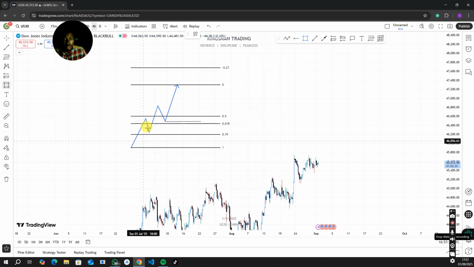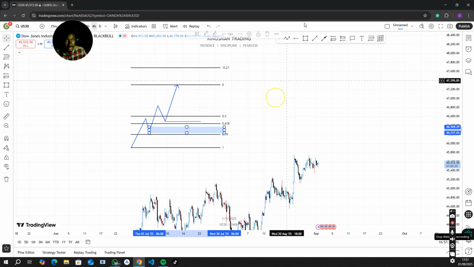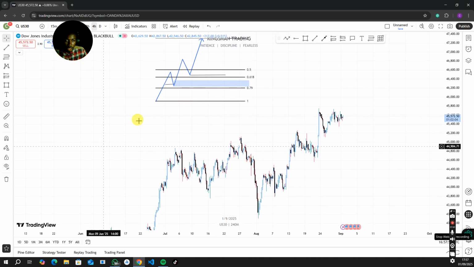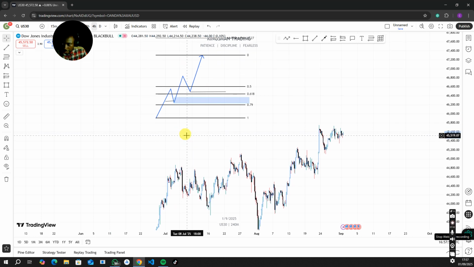So once you've marked it out, you want to make sure that there is a sweep of the previous low or a sweep of the previous candlestick to validate your buy setup, and there's also presence of liquidity. Most of the time, there might not be presence of liquidity and it might still hold. But adding all those things is going to increase the probability of that setup.